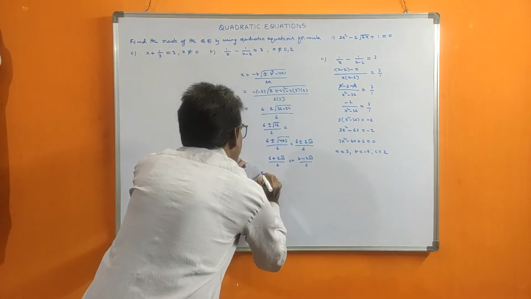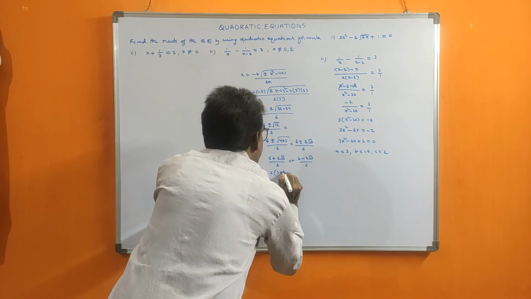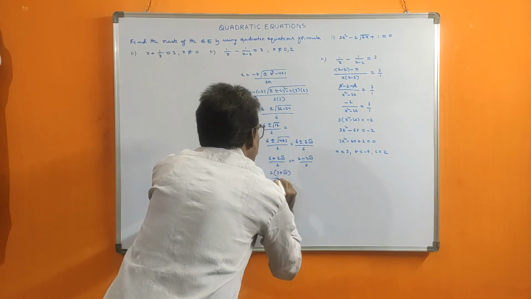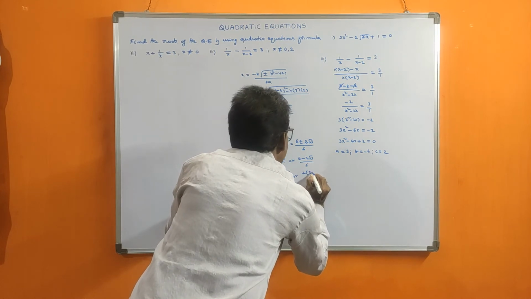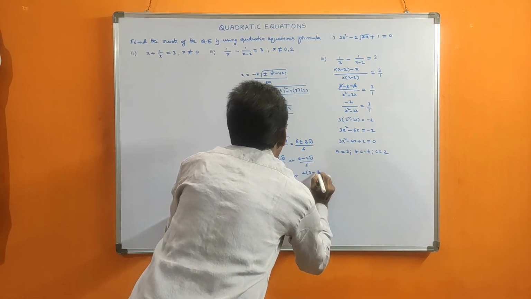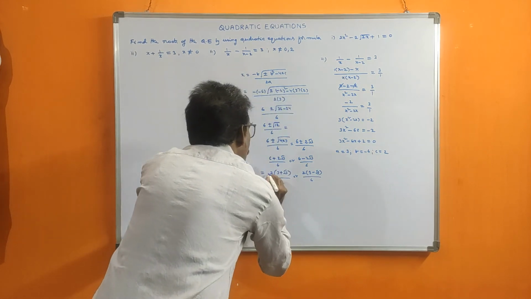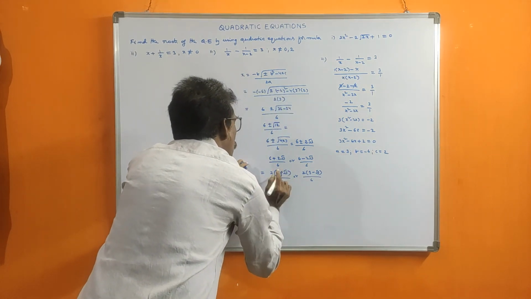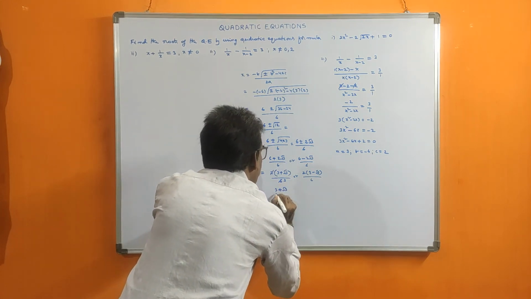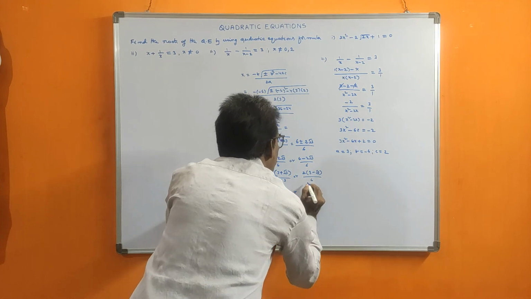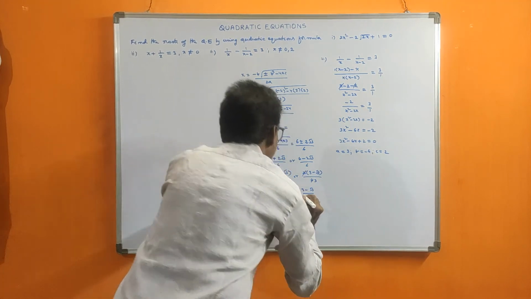So now here we take 2 common: 2 into 3 plus root 3 by 6, or 2 into 3 minus root 3 by 6. Now you can cut because this is a product, so cut 2 in this 3 times. So 3 plus root 3 by 3, or here also cut, 3 minus root 3 by 3.